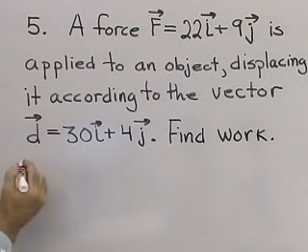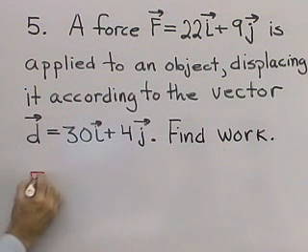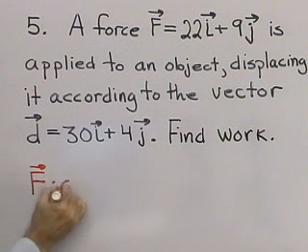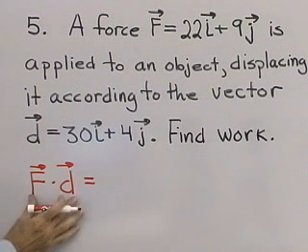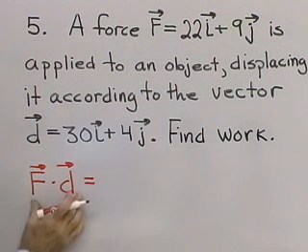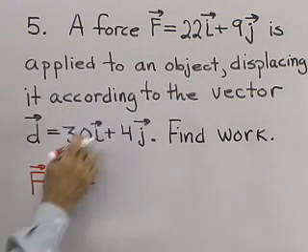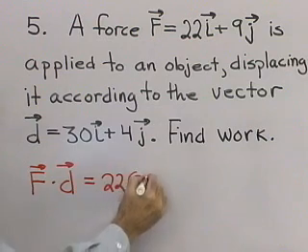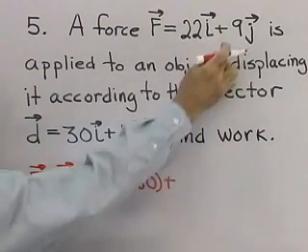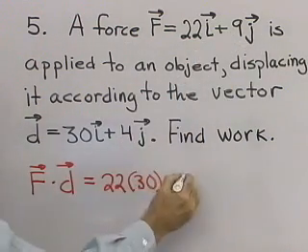Well, from reading the book we know that the dot product of force with distance is going to give us work. So work is going to be the dot product of force with distance. So that dot product is going to be, again, the product of the horizontal components, 22 times 30, plus the product of the vertical components, 9 times 4.